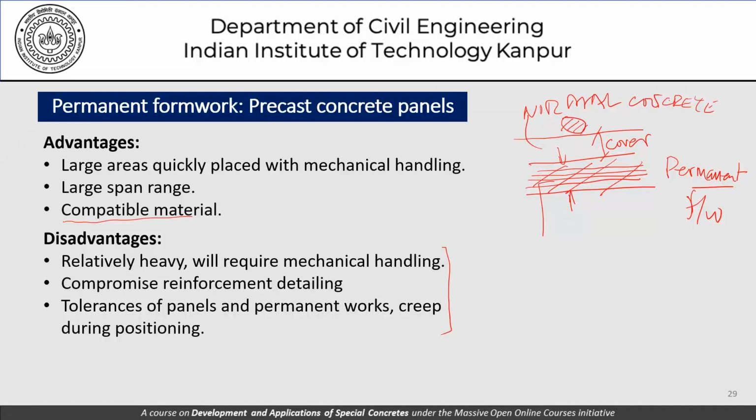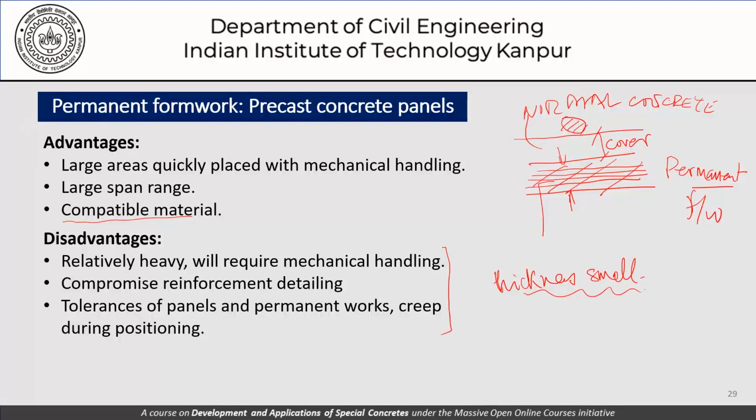I would leave it to you to look at more options as far as the precast concrete panels is concerned for permanent formwork. We have covered only one thought process where we have talked of precast panels acting as formwork. So basically what we are talking about is the thickness is relatively small.